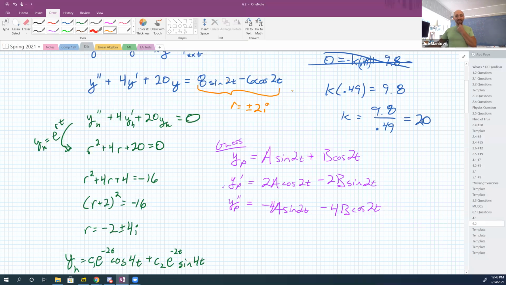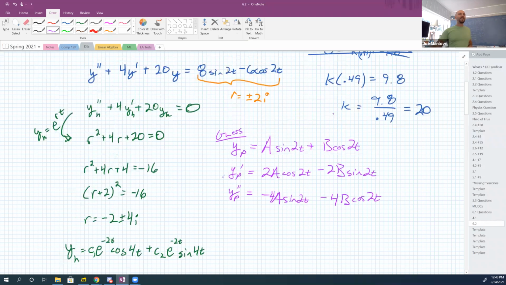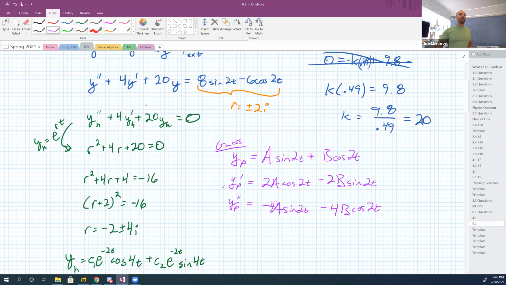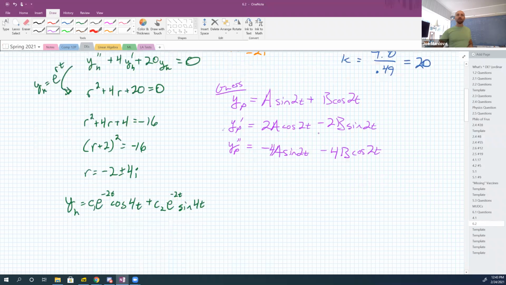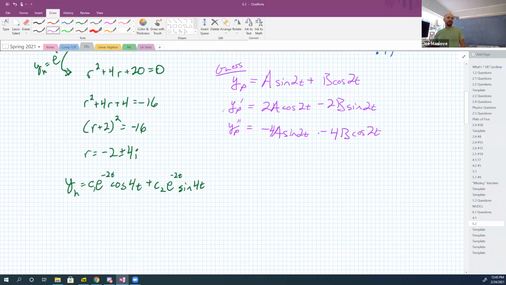I hope so, yeah. All right, so let's plug these things in. Let's see. So what are my coefficients? 1, 4, and 20. Oh, gosh. All right, so now where's my mouse?